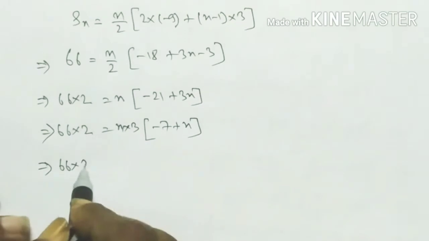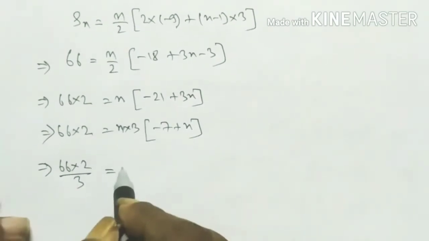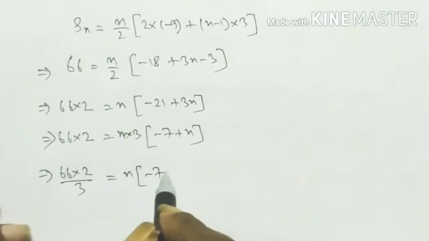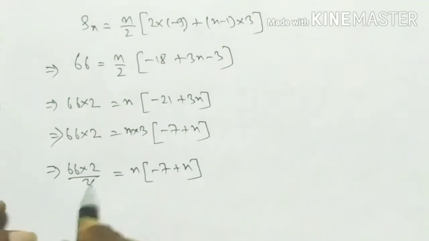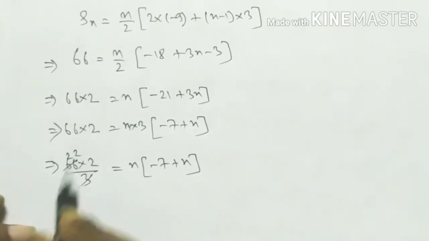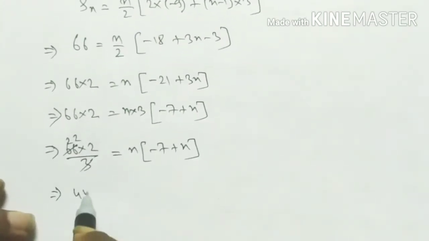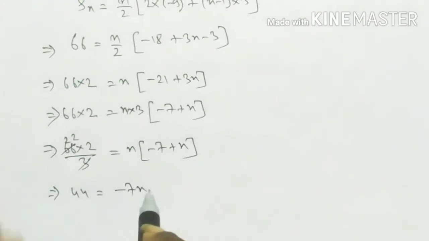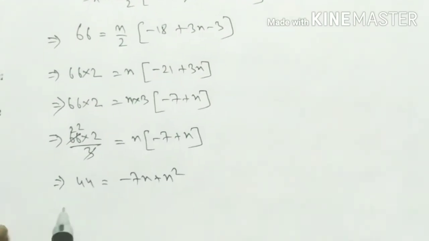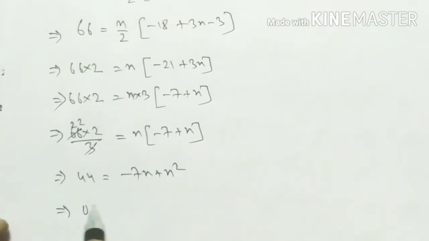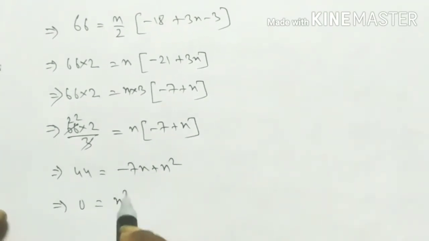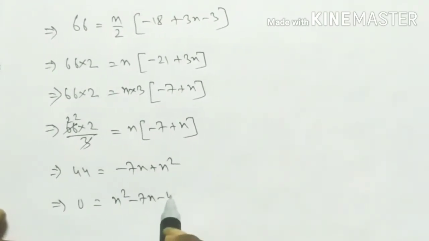66 into 2 divided by 3 is equal to n into (minus 7 plus n), and 44 is equal to minus 7n plus n square. So 0 is equal to n square minus 7n minus 44.